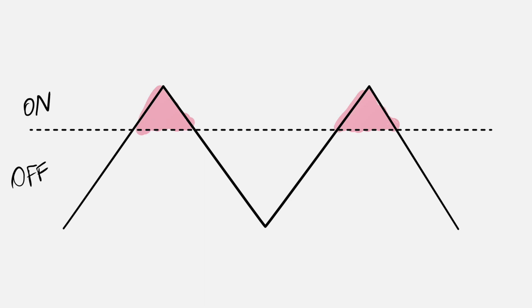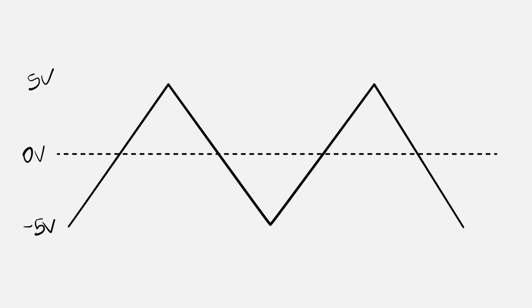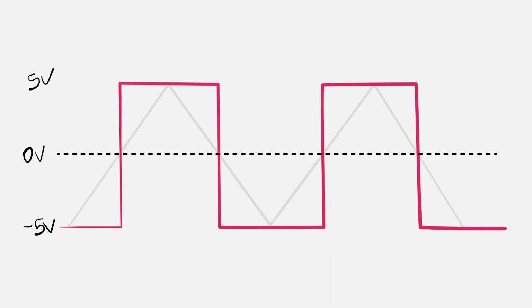So if we feed a comparator with a triangle wave, whenever the waveform is above the threshold, the signal will be high, and whenever it is lower, it will be low. Now, if our comparator threshold is set to 0 volt, and if our triangle core is bipolar, we will obtain a theoretically perfect square wave. The difference from the other square wave that we have on BRENSO's yellow oscillator is that this second one is rotated by 90 degrees.